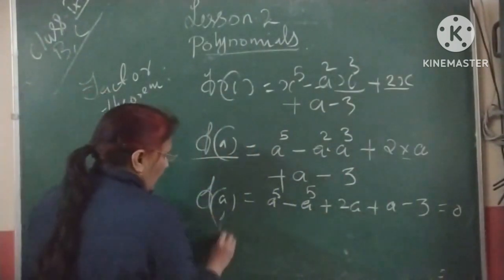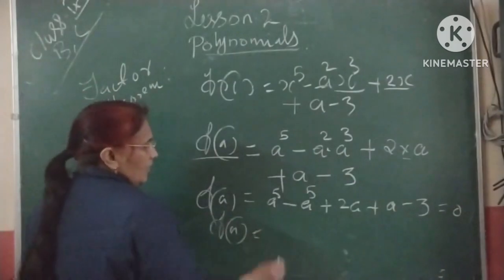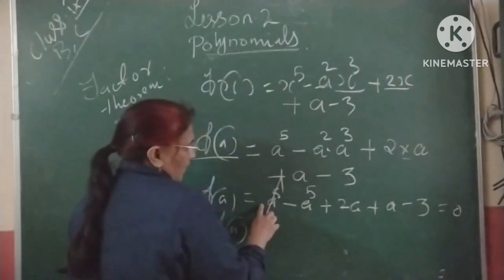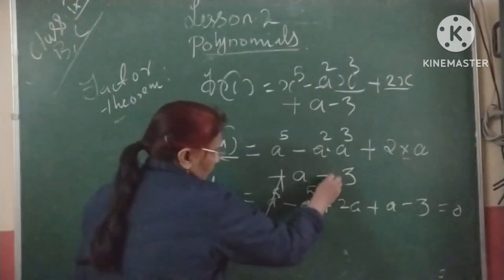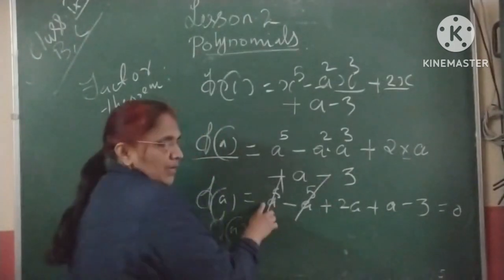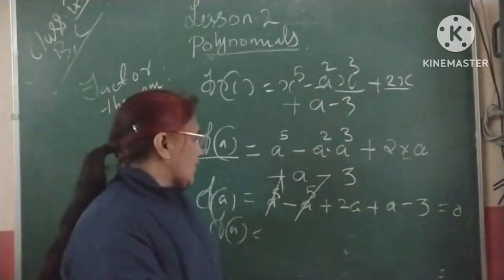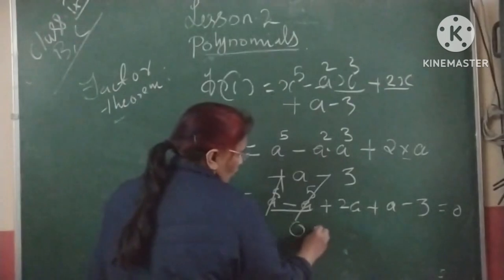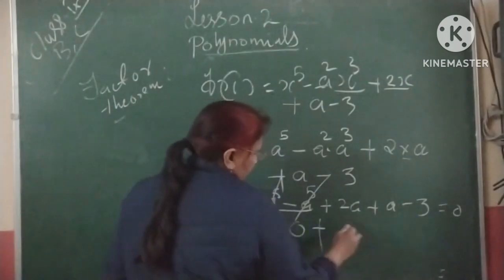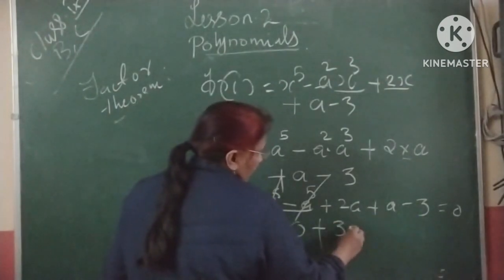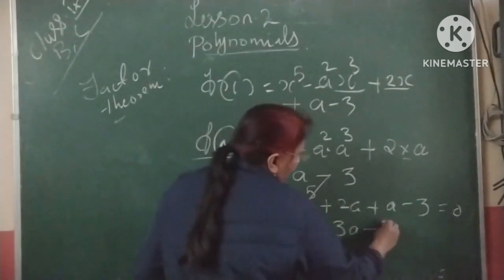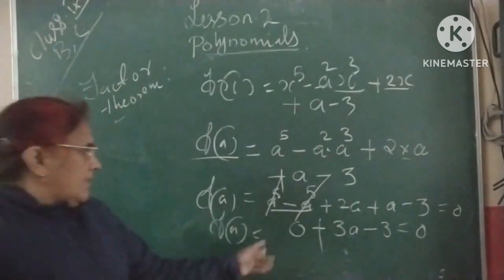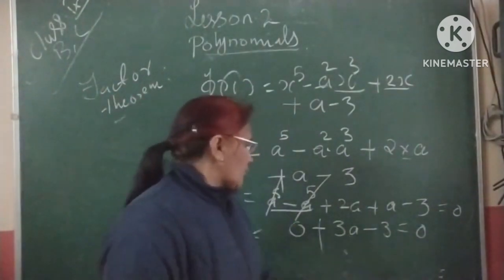Then a to the power 5 minus a to the power 5 cancel, we are cancelling. Then this will become 0 plus 2a plus a, 3a. 3a minus 3 equal to 0.